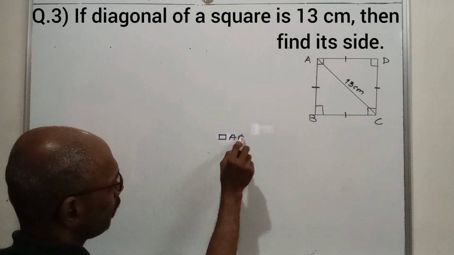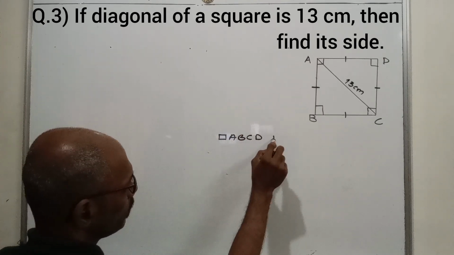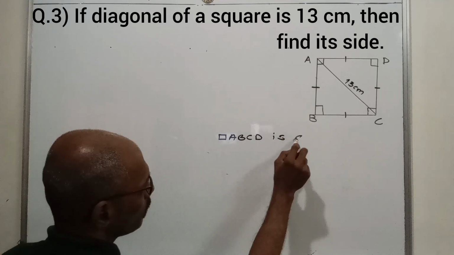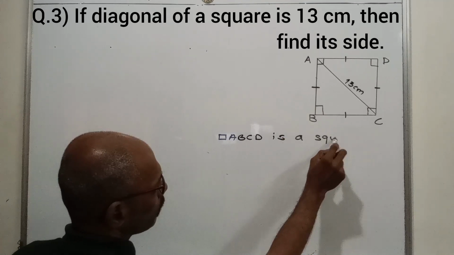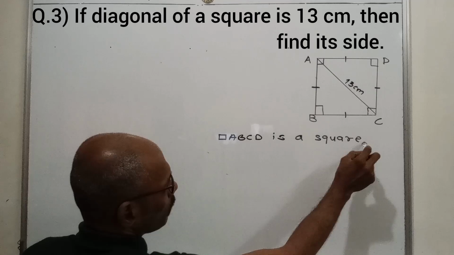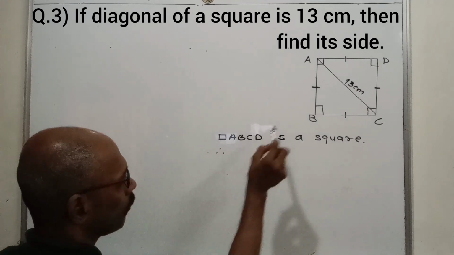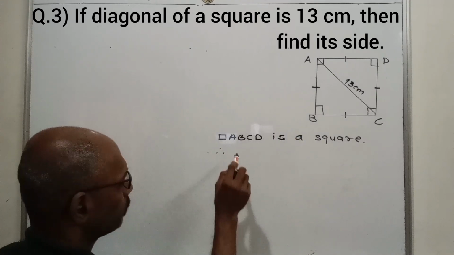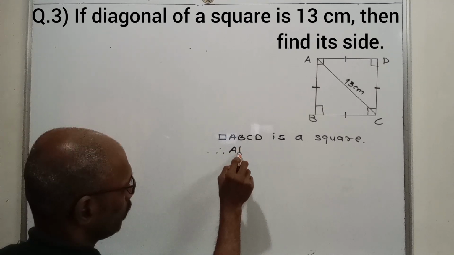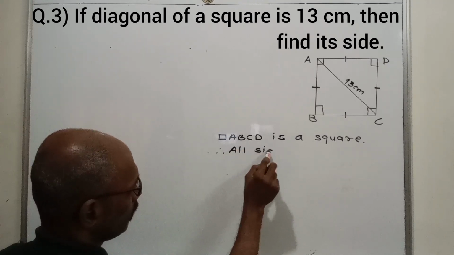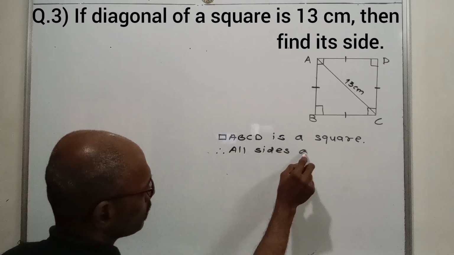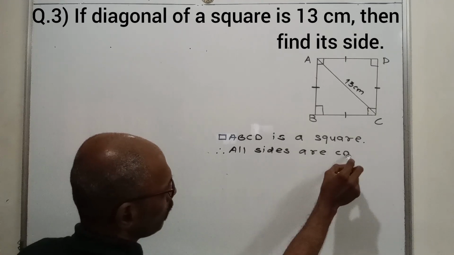Quadrilateral ABCD is a square. Therefore, all sides are congruent.